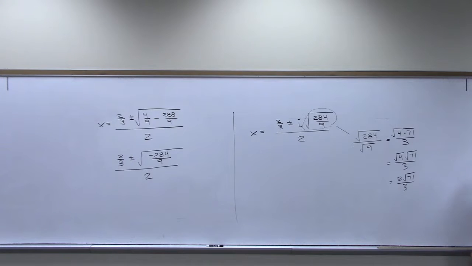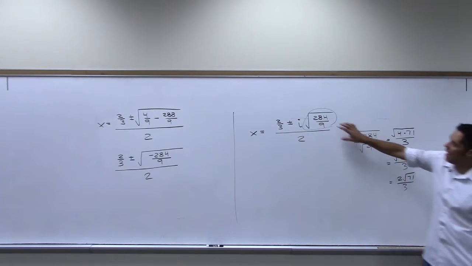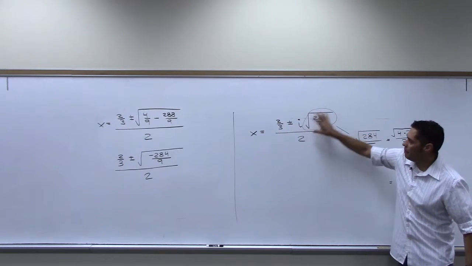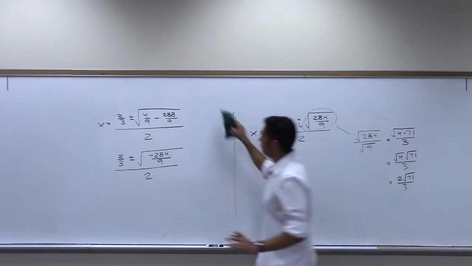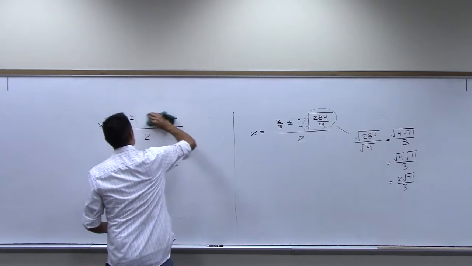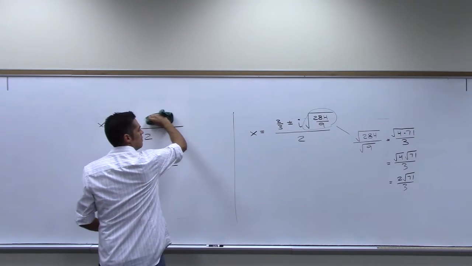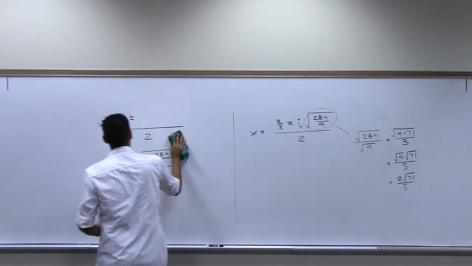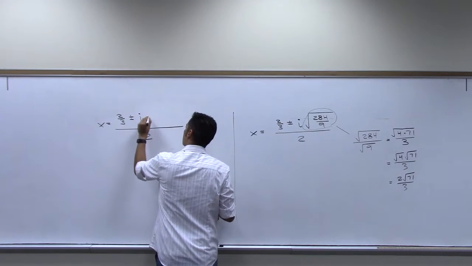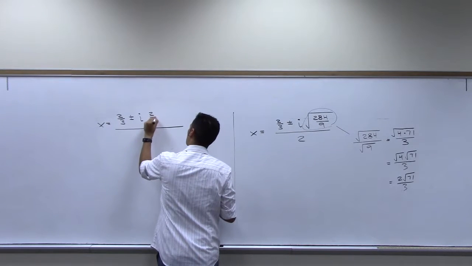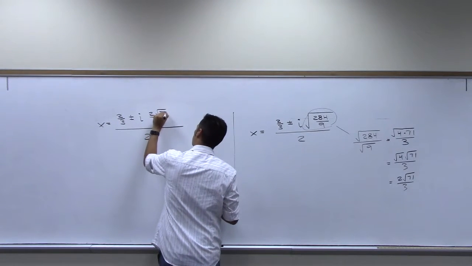So I can replace this entire thing right here, not the i, but this thing, with 2 root 71 over 3. So I'll do that. What should I do with that 2? I'll just write it down. I'll have the i, then I'll have the 2 over 2 root 71 over 3.